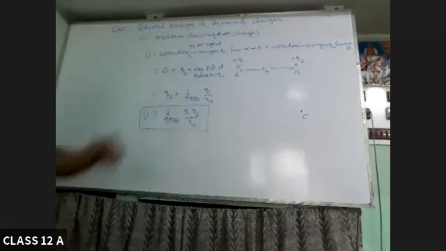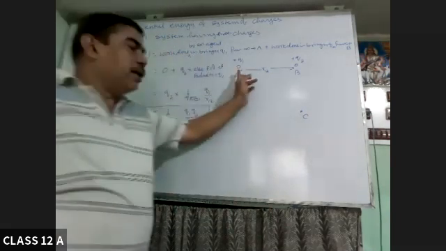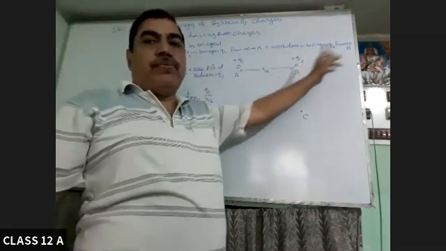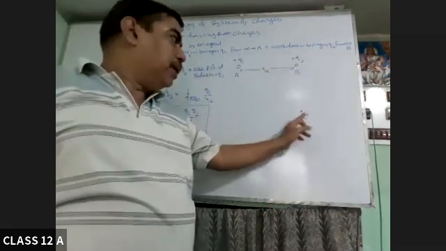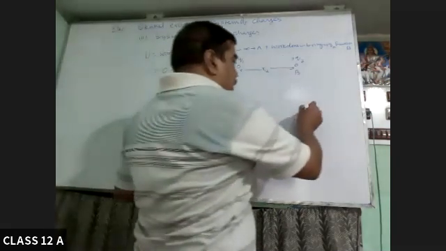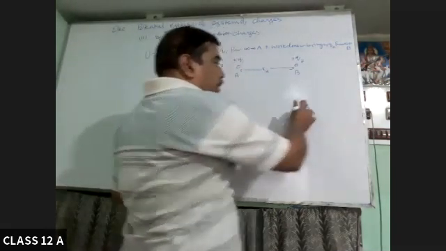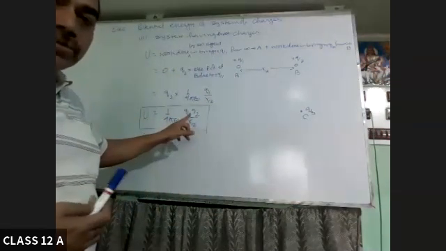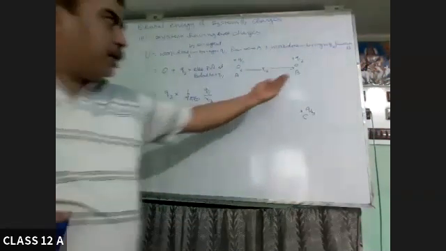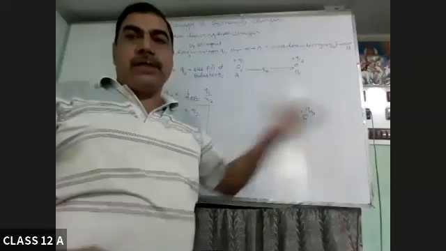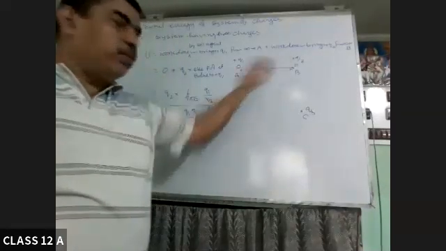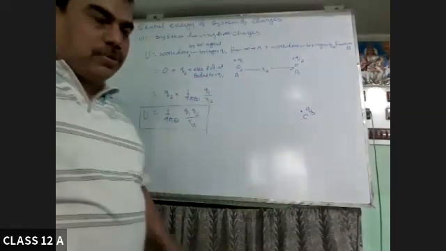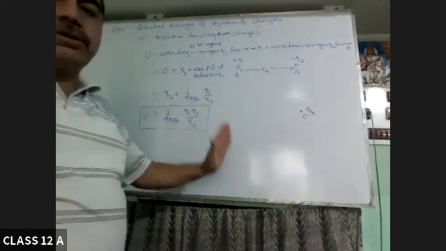What will be the same? Work done in bringing Q1 from infinity to A, work done in bringing Q2 from infinity to B, plus work done in bringing Q3 from infinity to C. So here for Q1, Q2, we have to write the sign also. If we are bringing a negative charge, naturally we will gain some energy because there will be force of attraction. So work done by us will be negative. So electric potential energy may be positive, may be negative.